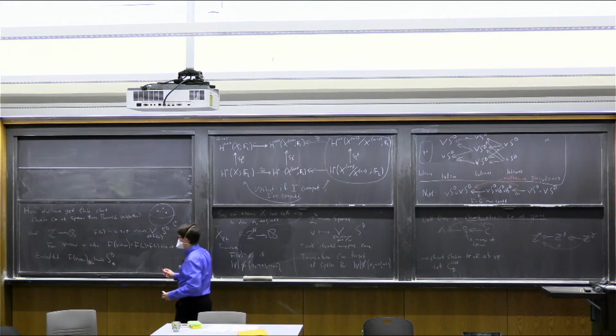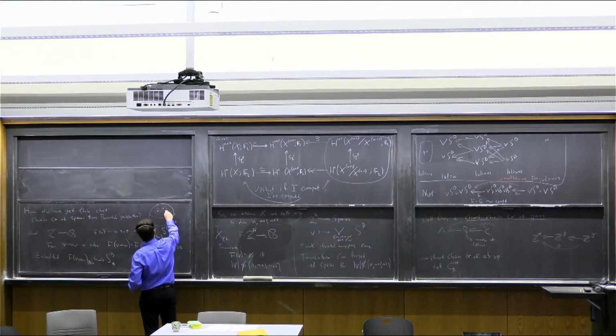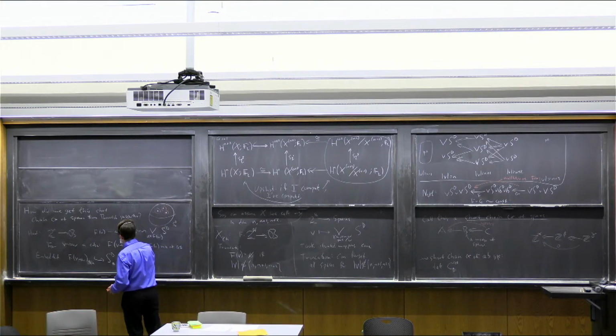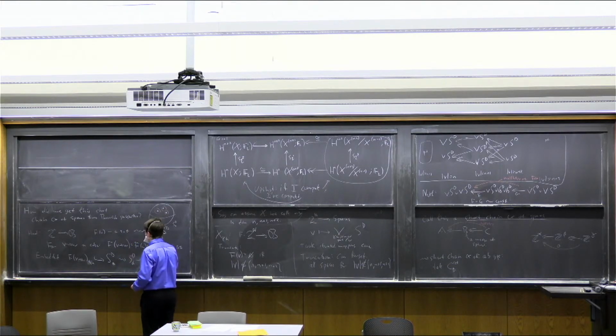So I took a neighborhood. This gave me S^D_A going to a neighborhood of f of v to w, b a, mod boundary. So this collapsed onto a wedge sum of spheres, and then that went to the sphere for B.